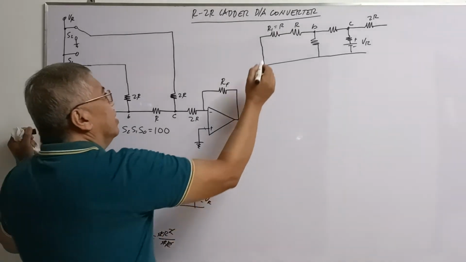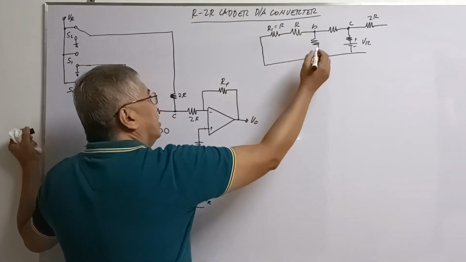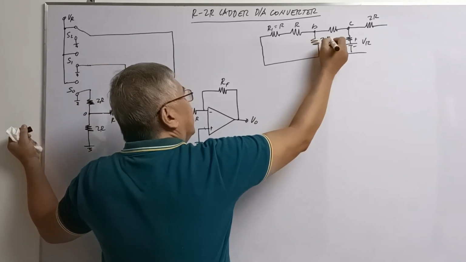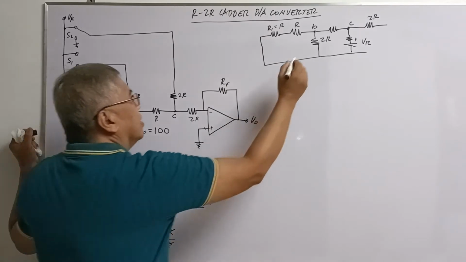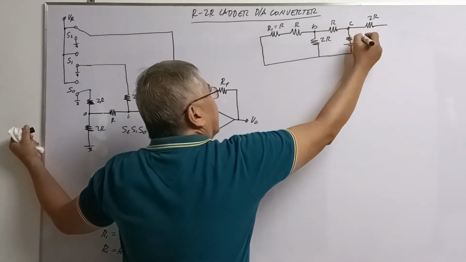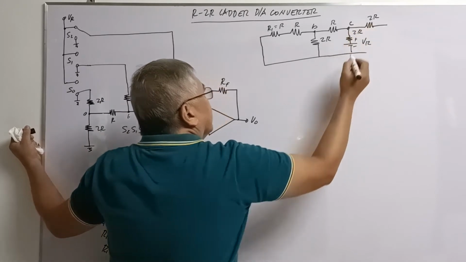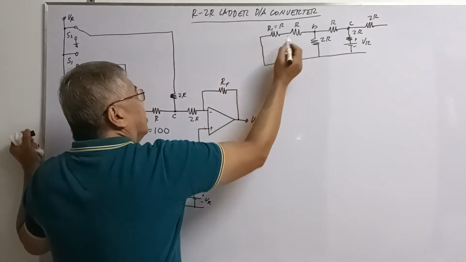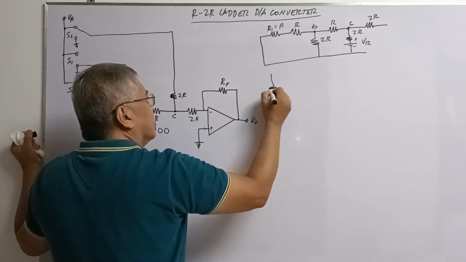Since R and R here are connected in series, this one here is your 2R, and this one here is your R, and this one here is your 2R. Since they are connected in series, you will have this circuit.